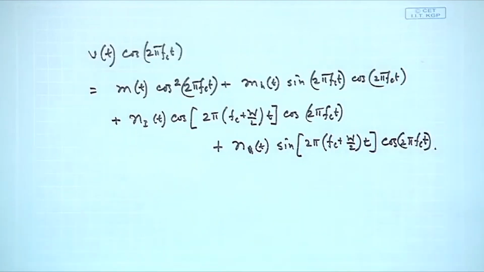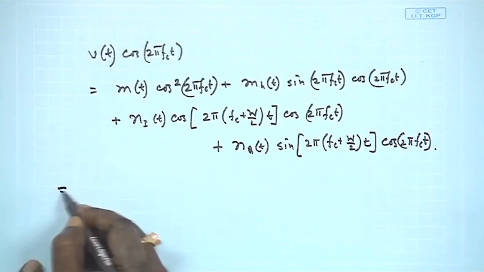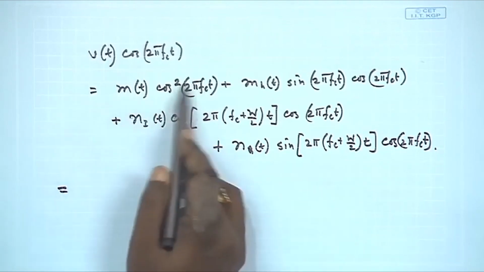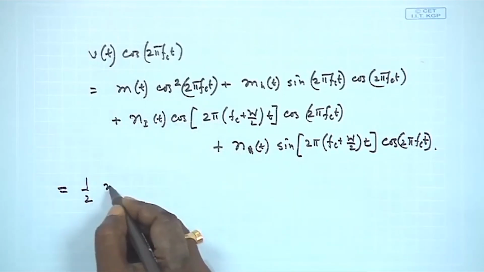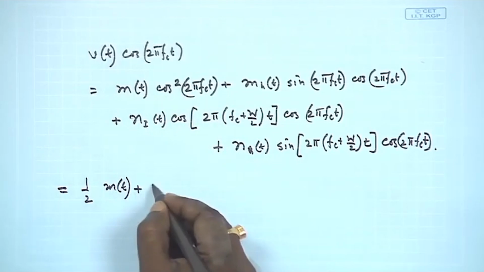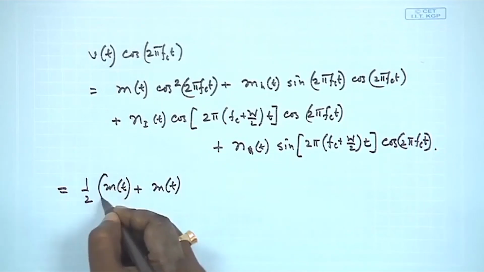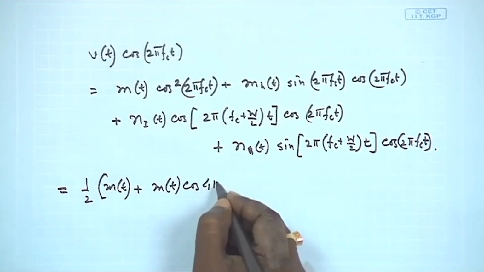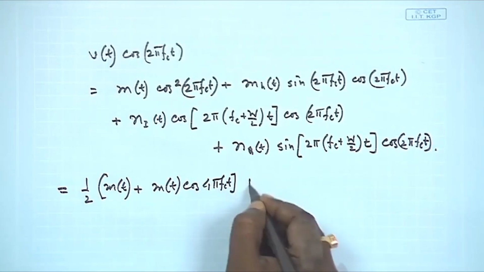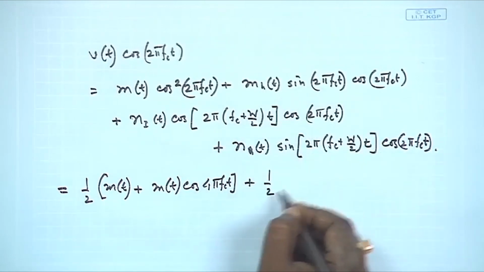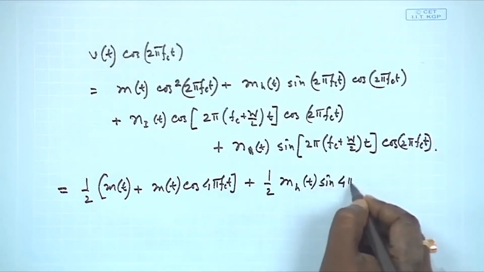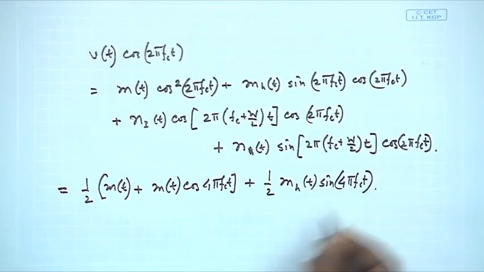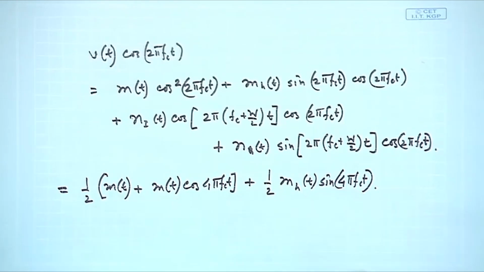This is what will be happening. Immediately I can simplify this, because this is cos square, I can get half and then I will get two terms, one is Mt and the other one will be Mt cos 4 pi Fct. Similarly, I can also take a half, this will be Mht sin 4 pi Fct, right. So, these are all higher frequency terms which will be cancelled by the next low pass filter.